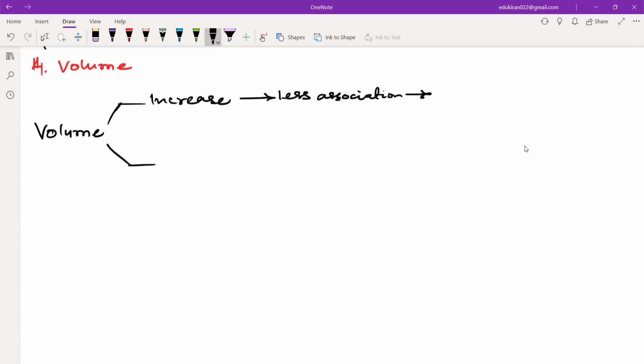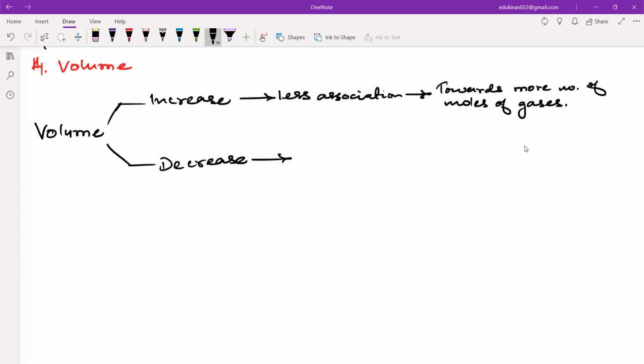That will lead towards, if I increase the volume, I can have more number of gases, towards more number of moles of gases. If I'm going to decrease it, then the system will have more association.